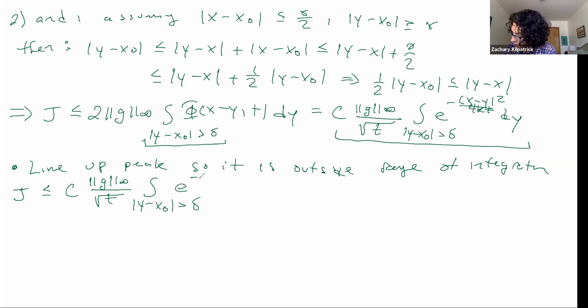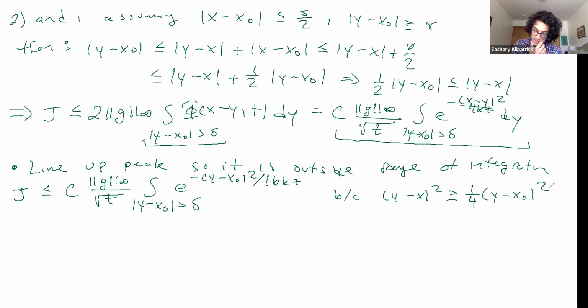I'm going to now make a subtle change in the argument of my Gaussian using the identity that I applied before, right? So you see here now I have y minus x0 rather than y minus x. And I essentially used this identity that I derived before, right? That y minus x squared is greater than or equal to a fourth y minus x0 squared.